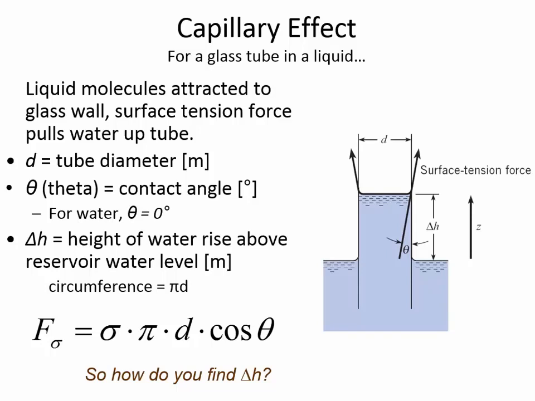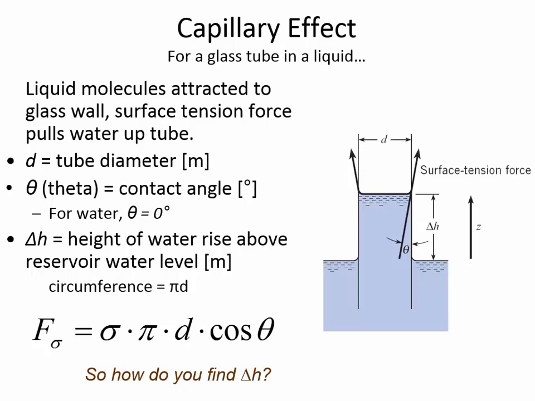All right, so we have a formula for the surface tension force. It's there on the screen. What about the weight of the water? What is the weight of water above the water line inside of that tube? Good. Yeah, so the weight of the water is just going to be the volume multiplied by the density.